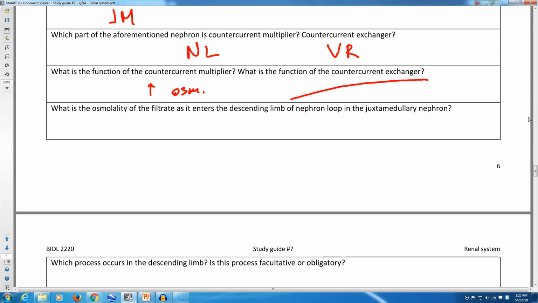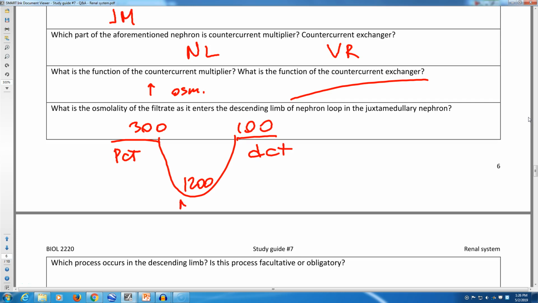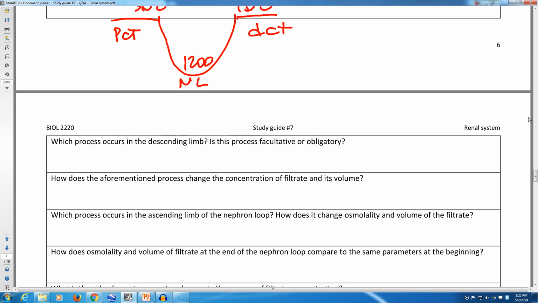Osmolality of the filtrate changes this way: 300, 1200, 100. So that's proximal convoluted tubule, nephron loop, distal convoluted tubule. Okay. Descending limb, water reabsorption.